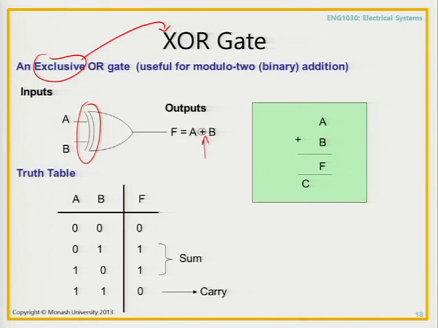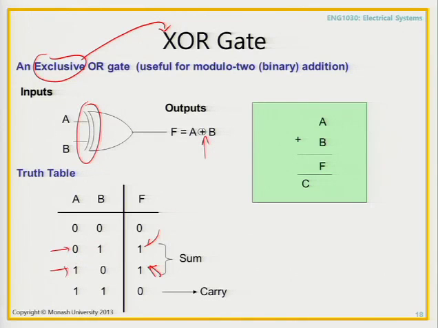The exclusive OR gate is 1 when two inputs are different. So it's a 1 when either one of the inputs is a 1 and the other is a 0. So it's exclusively if A is a 1 or B is a 1. The output is only a 1 if these two are different.